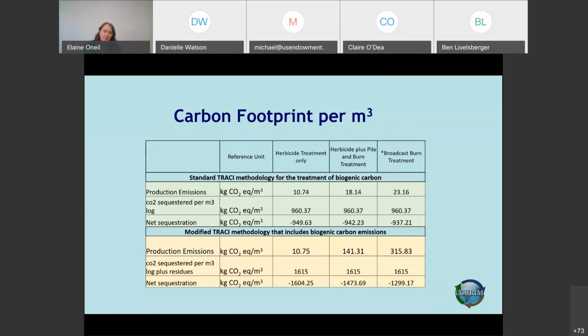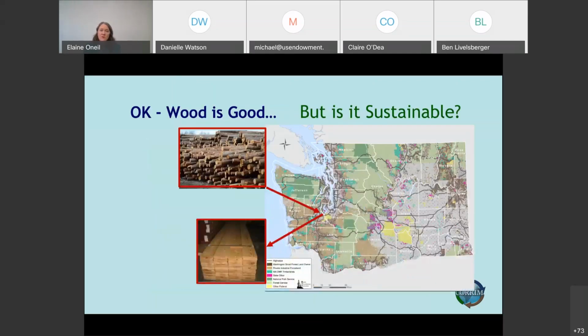And by the way, this is how much carbon you're storing in that wood. Here's your net sequestration. It's always a negative number, which means that you're storing more carbon than you're emitting. That leads to the wood is good story. People say, oh, good, wood is good. That's the whole story. That's the reason the Amazons and the Walmarts of the world are jumping all over wood.